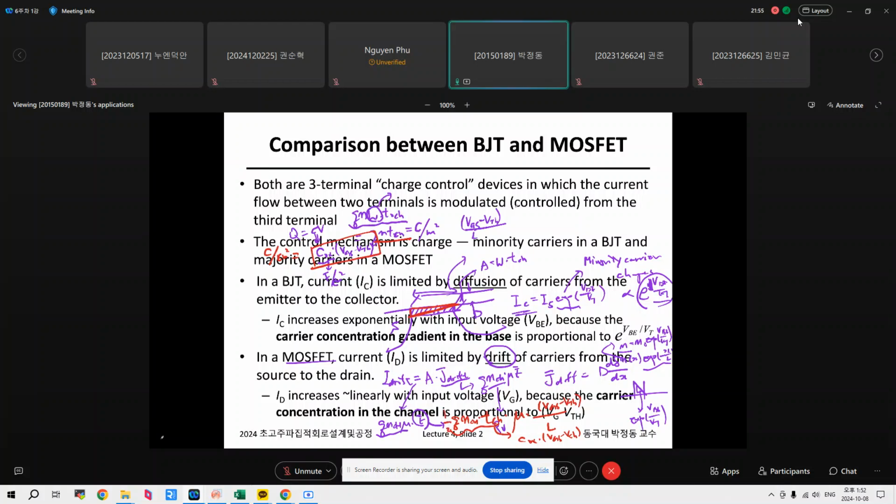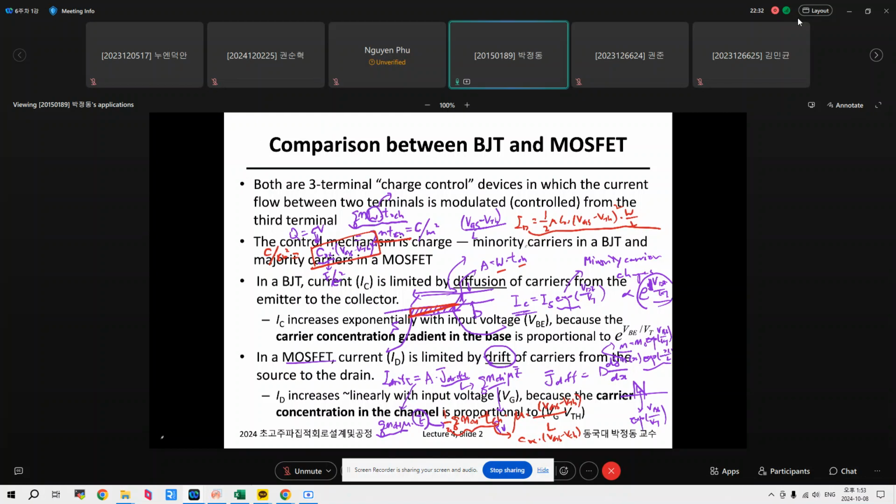Okay, so that's why ID is given by half of mu Cox, VGS minus V threshold squared, divided by L, and it's W, right? The only thing left is a W. Why? Because this is a total channel, and here A is WT also, right? So W. That's why we get this.